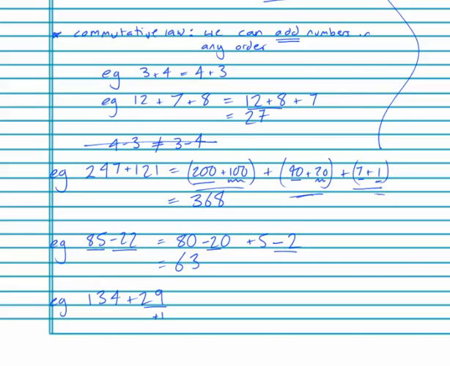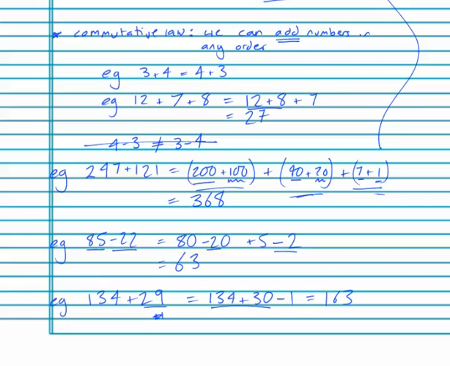So as long as I take away 1 afterwards, I'll get the right answer. So let's add on our 1. 134 plus 30, and then take away 1. 134 plus 30 is 164. Take away the 1, 163.